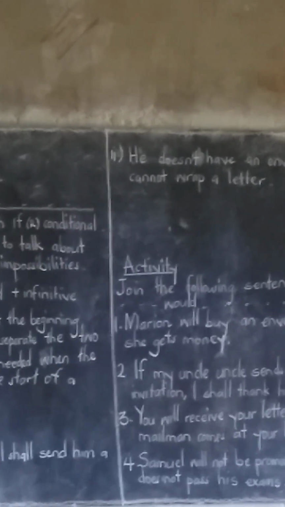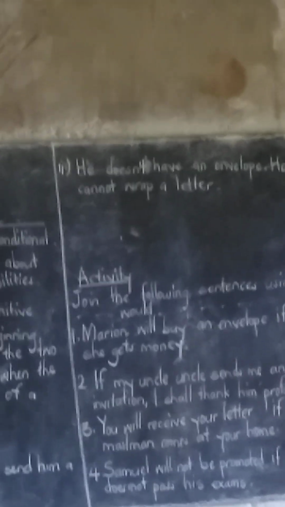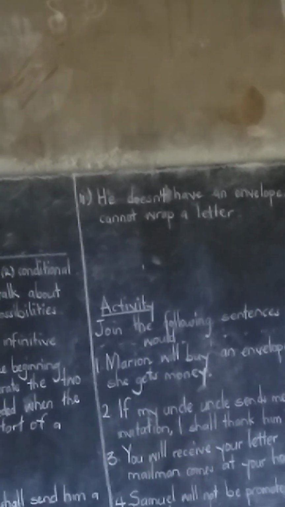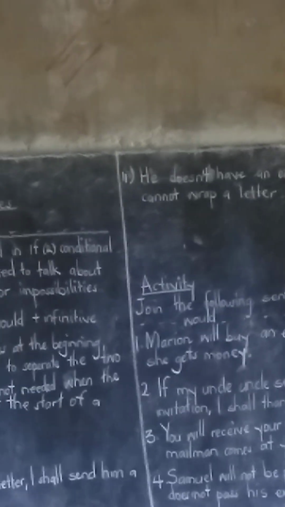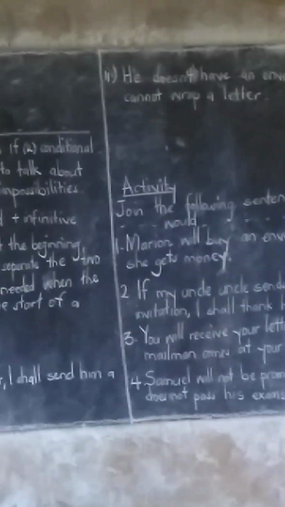We go to 2. Can you read it too? He does not have an envelope. He cannot wrap a letter. Are you saying there is a helping verb which is at the same time used as a main verb? So we see that there is have. The past simple tense of have is had.